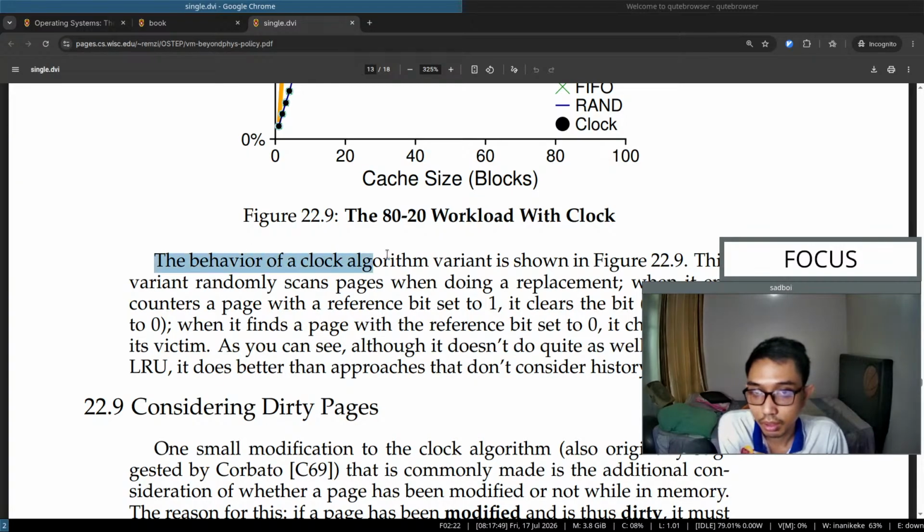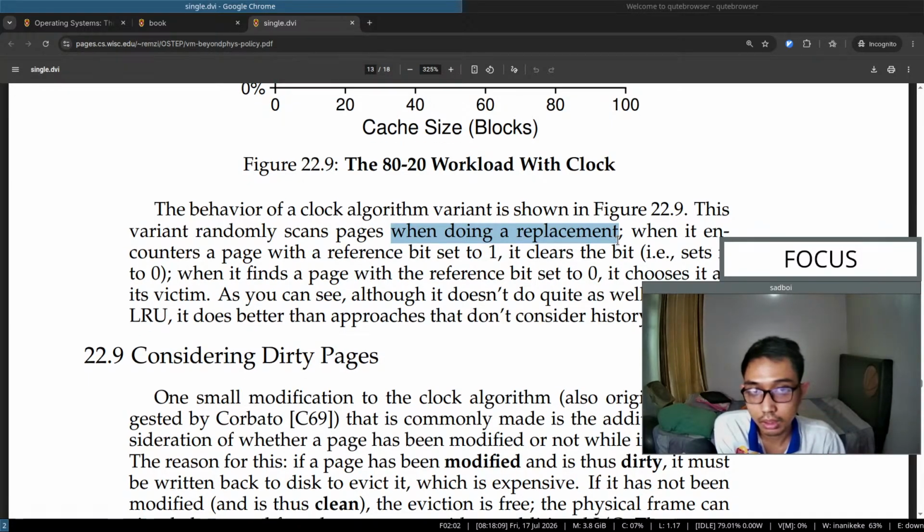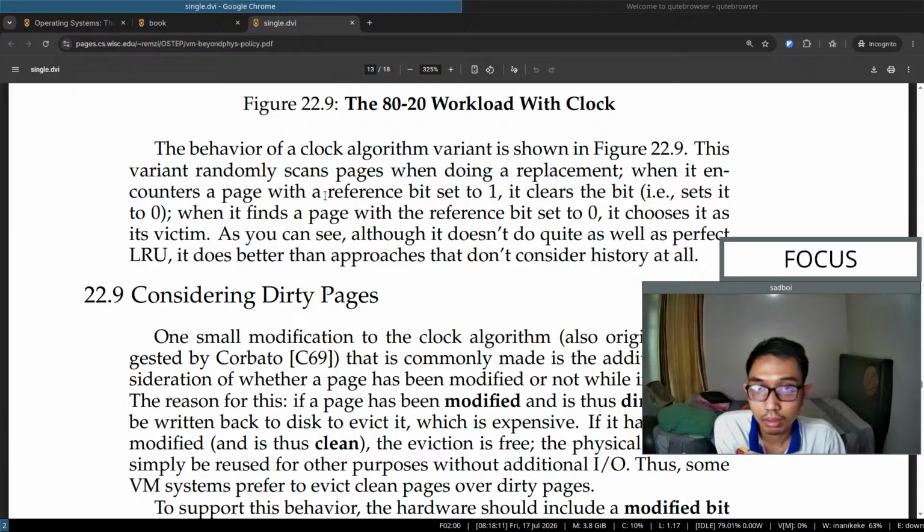The behavior of a clock algorithm variant is shown in figure 22.9. This variant randomly scans pages when doing a replacement. When it encounters a page with a reference bit set to 1, it clears the bit, that is, sets the use bit or reference bit to 0.